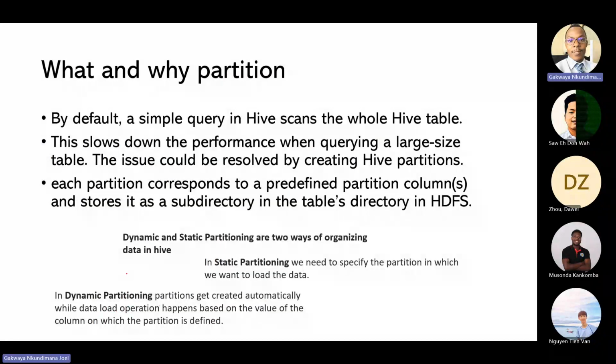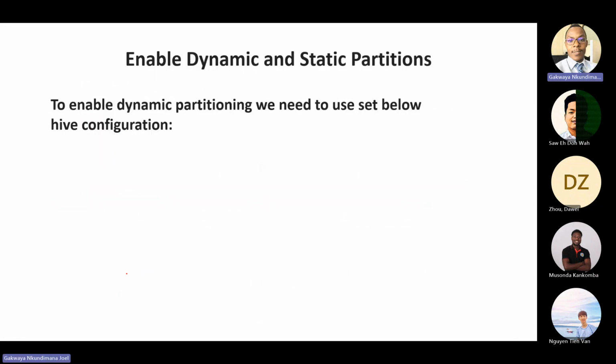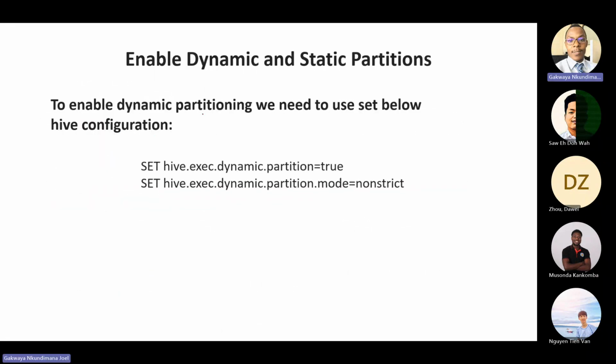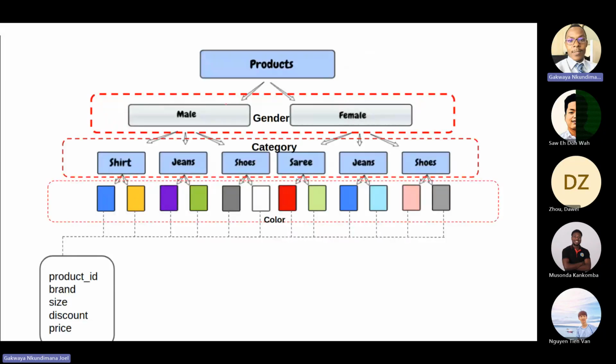During insert, it can happen. So we can enable those two by setting: set hive.exec.dynamic.partition, set hive.exec.dynamic.partition.mode to nonstrict. By default they are not enabled, they are false. So you need to set them true.